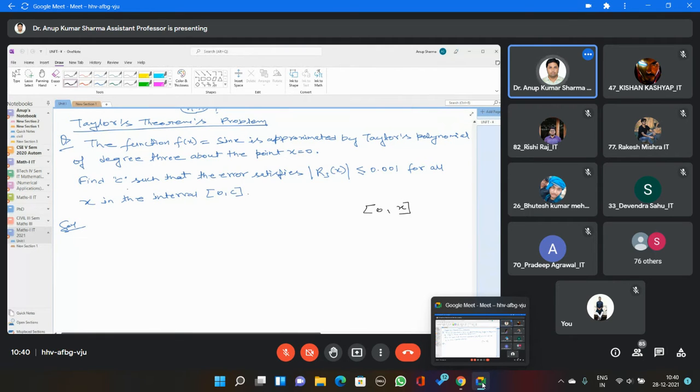So that means this c is the maximum value of this given interval. So x ranges from 0 to c, because R3 is a function of x. Maximum means in this error range, what could be the value of c, that is the maximum value of this interval 0 to c.